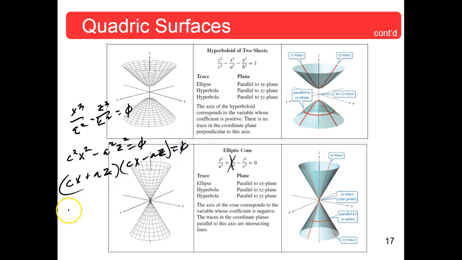So you have x equals a over c z, or x equals minus a over c z. However you want to phrase it.